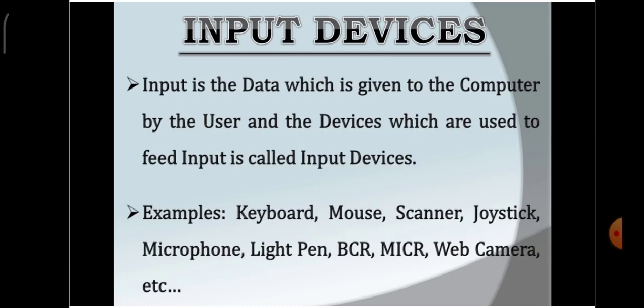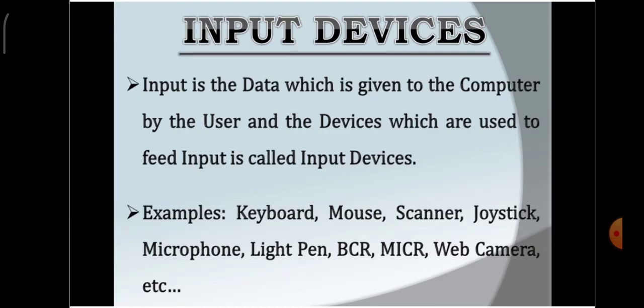BCR. BCR stands for barcode reader. If you go to a shopping mall, you buy some grocery, there they will use that barcode reader to pick the price of that particular product. And what is MICR? MICR full form is magnetic ink character recognition, and it is used in bank to do the check clearance process.